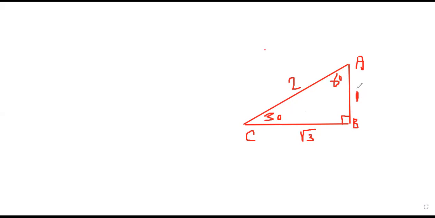Then if you have the smallest side, which is opposite to 30, for example, if the first side here was 5, I want to find the rest of the sides: the longest side, the side opposite to 60 and the side opposite to 90.